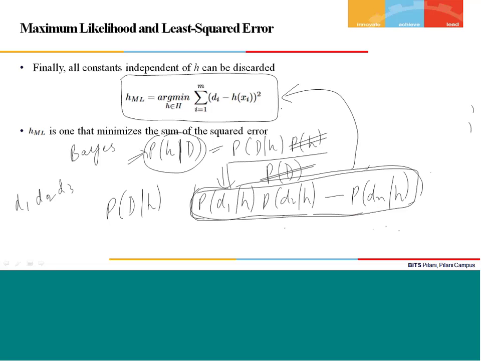So this expression is maximized if I choose my hypothesis in such a way that the sum over di, the difference between the value of my chosen hypothesis for that particular xi and di, should be less. The difference is less. How can you visualize it?